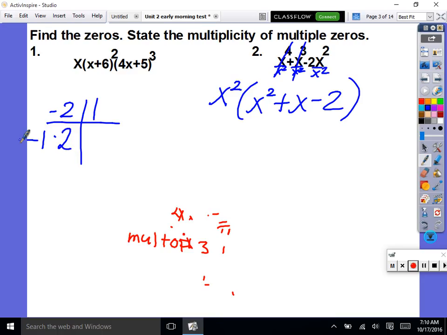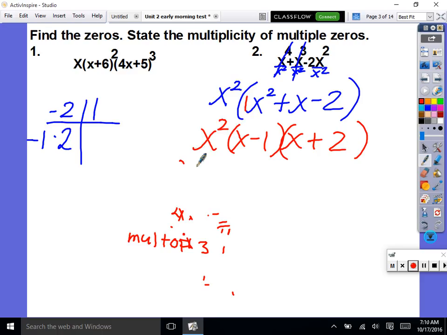Can we quick factor it? Now, there's people that like to long factor, and that's fine. You'll come up with the same answer. However, if your a value is positive 1, we know we can quick factor this. We'll just put in our parentheses, put an x in the front, x in the back, minus 1, plus 2. Then don't forget that there was x squared. Now it's easy to solve.